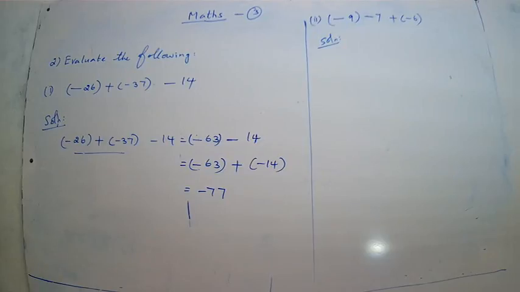Second question. Minus 9 minus 7 plus minus 6. Okay. Minus 9 and minus 7 plus minus 6.